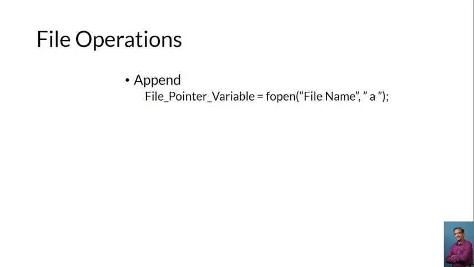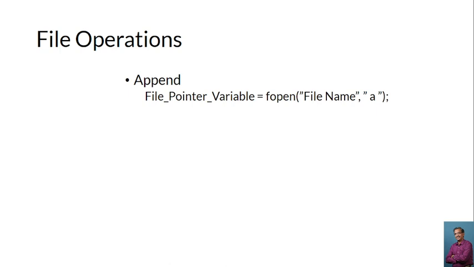Now if you consider the read, write and append operations, the main thing to consider is that whenever we are using read mode, the file which we have mentioned must exist. If it is not there, the compiler will generate an error.